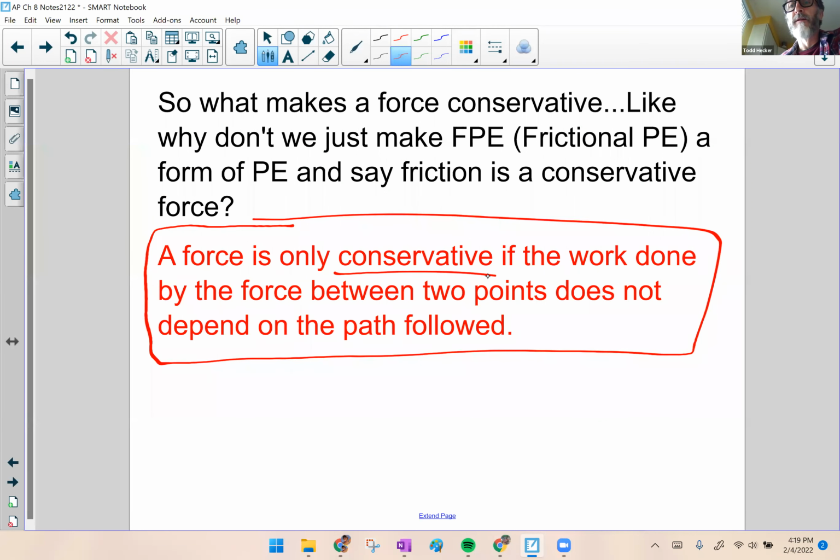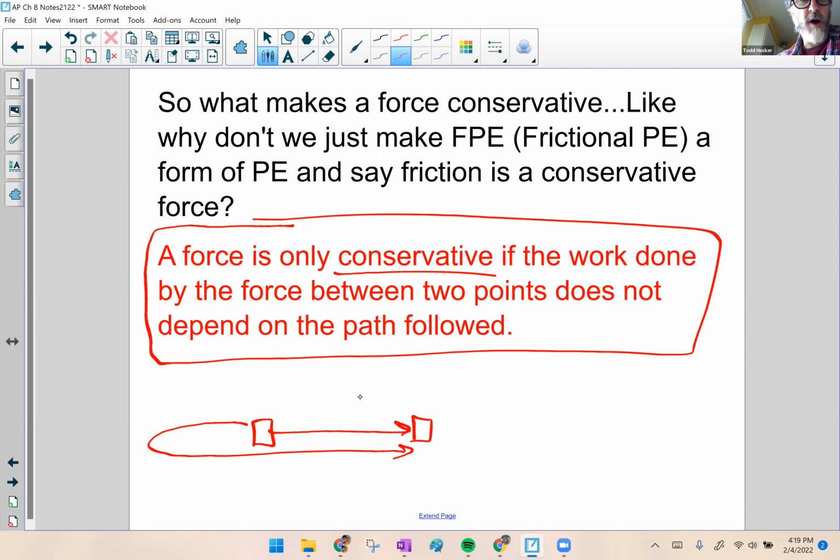For example, if I take a box and slide it from here to here, friction is going to do some amount of work. But if I slide it from here and then to here, the amount of work done by friction will be way more, which hopefully is intuitive, because there's more distance for friction to work against you. Friction always opposes the motion.